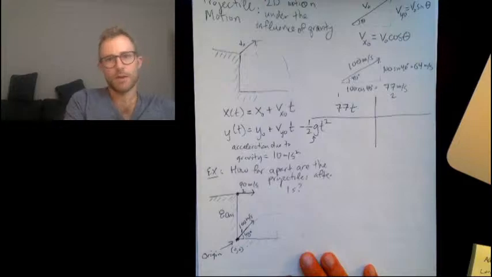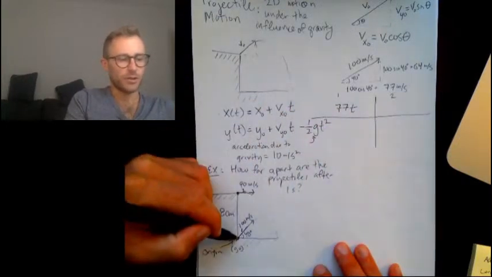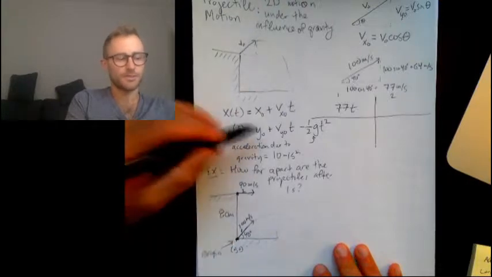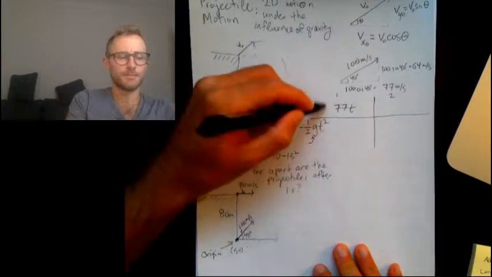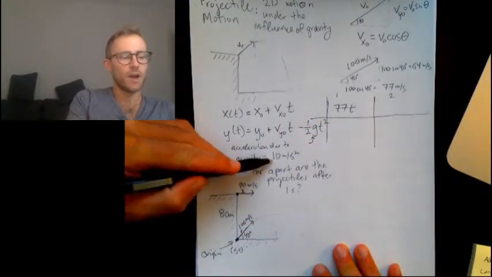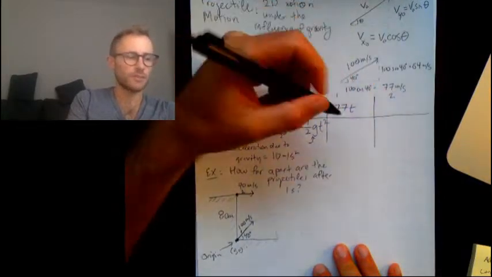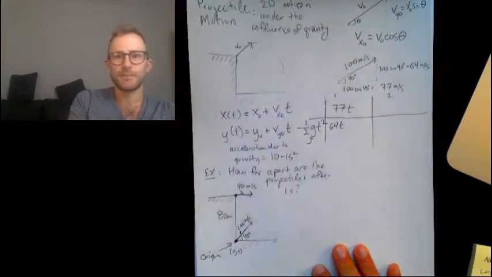All right. What is the y of t of this projectile? Well, its y naught is 0 because it starts at the origin. Its Vy naught is 64 meters per second. So we have 64 t.